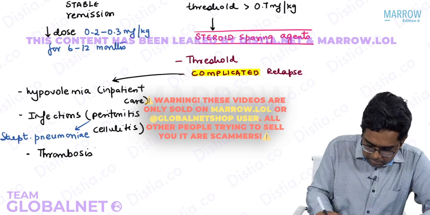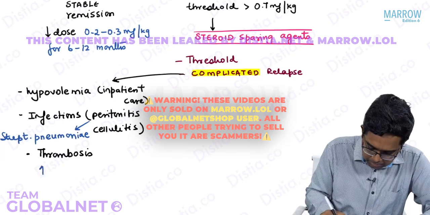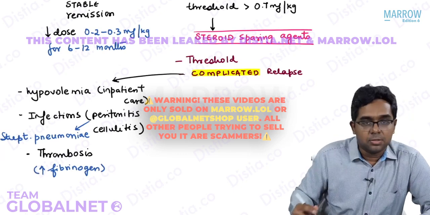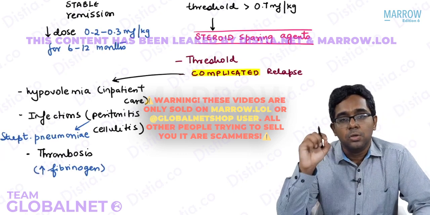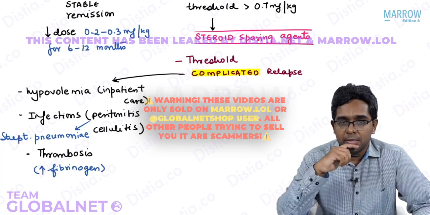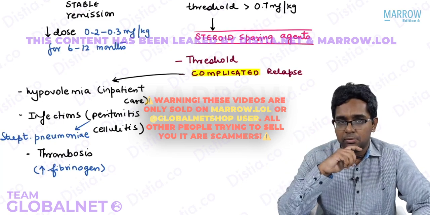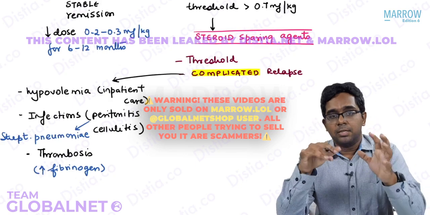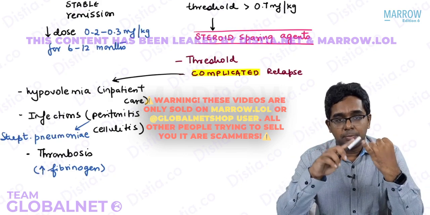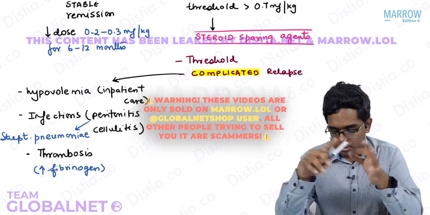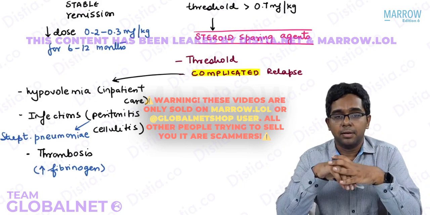This thrombosis is basically attributed to increased production of fibrinogen by the liver, which gets converted into fibrin and forms the thrombus or the clot. Another reason is low levels of anti-clotting proteins like protein C and protein S, which are lost in the urine in nephrotic syndrome. Right? These are the reasons which are said for thrombosis. So coming back to the main topic, any of this, hypovolemia requiring inpatient care, infections or presence of thrombosis, you will call it as complicated relapse.